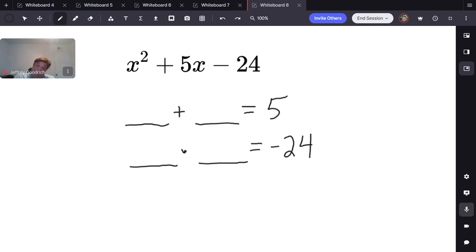Well, again, in order to multiply to a negative number, one of them has to be negative and one of them has to be positive. But here, the bigger number must be positive, right? Because that's the only way that when you add them together, you're going to end up with a positive number. So now, when we go and make our factors, we're going to make the smaller ones negative. So you've got -1 and 24.